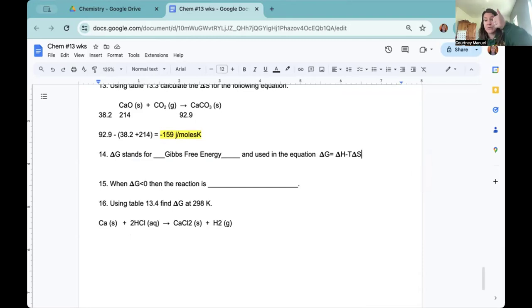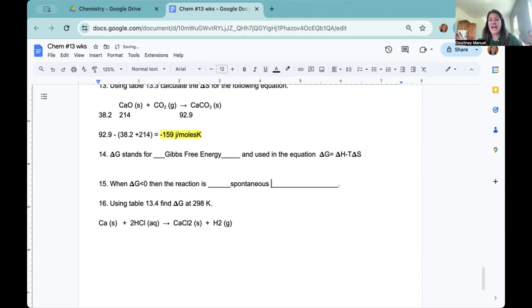So if temperature goes up, entropy goes up. Temperature goes up, chaos goes up. Enthalpy is our bond energies, and our bond energies subtract our chaos gives us our Gibbs free energy. And when our Gibbs free energy is less than 0, the reaction is spontaneous.